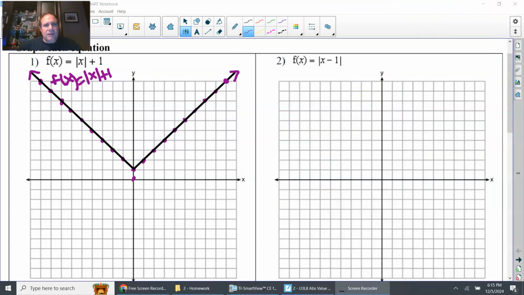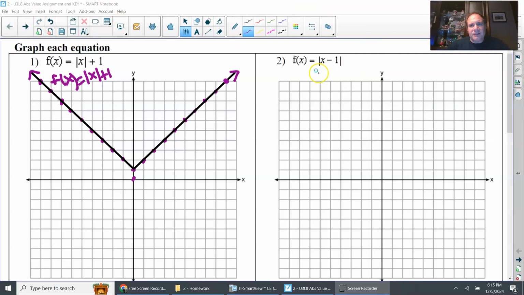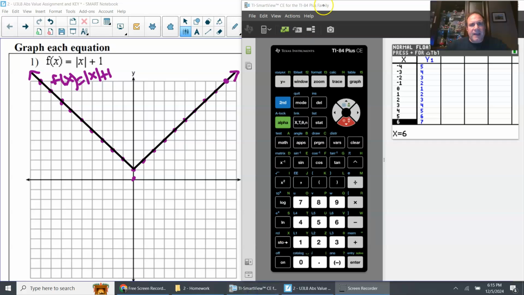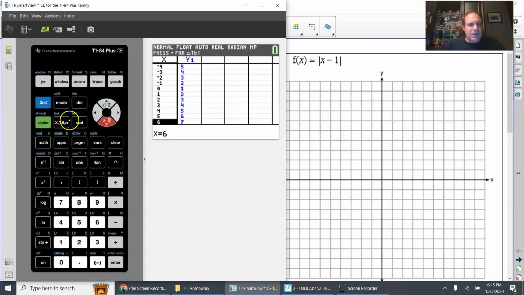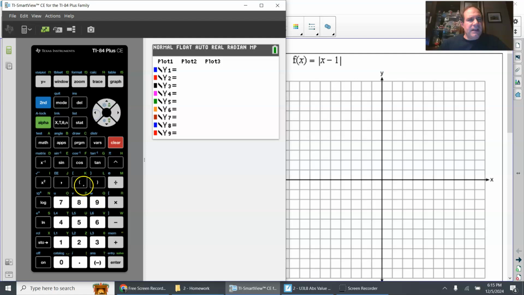So we're going to talk about f of x, this one right here, f of x equals the absolute value of x minus 1. So we're going to press y equals, clear that out.